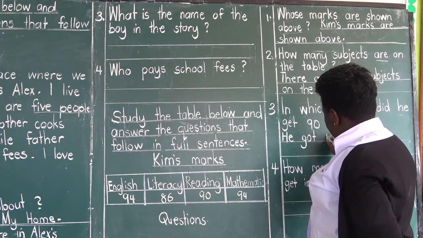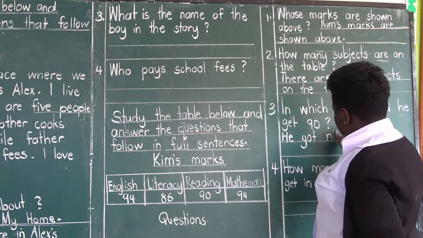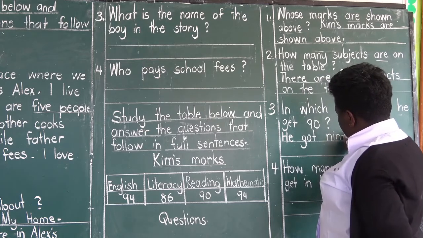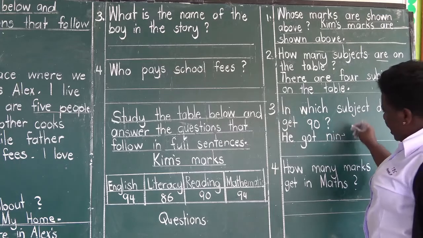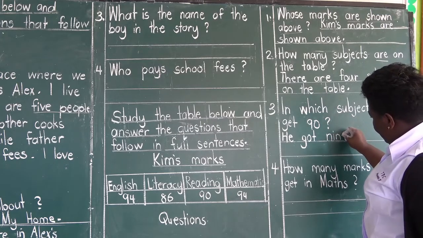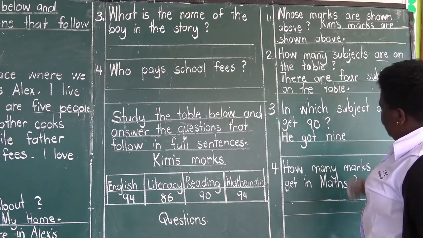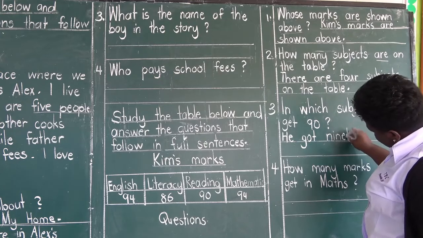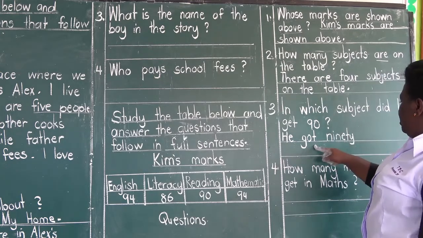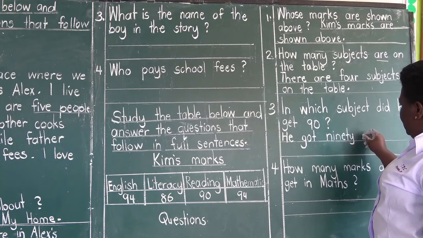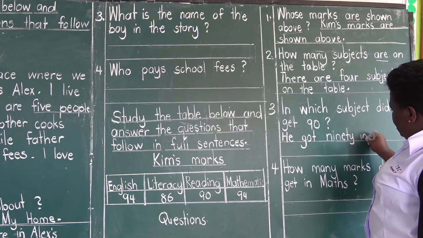Let's write 90 in words. In the word 90, you first write a small word 9, T-Y. He got 90 in.